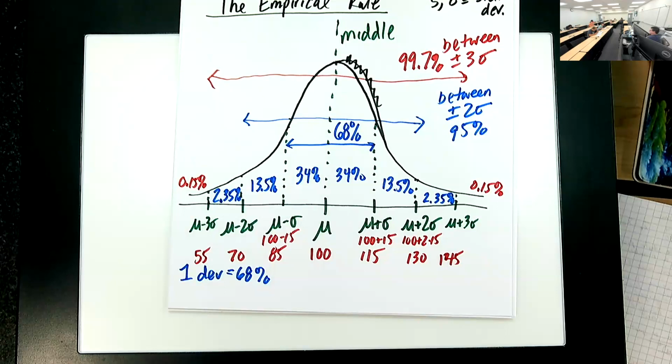So for someone that has a score above 145 IQ, they are in the top 0.15% of the most intelligent people in the world. I am not one of them. I'm above the 50% mark.